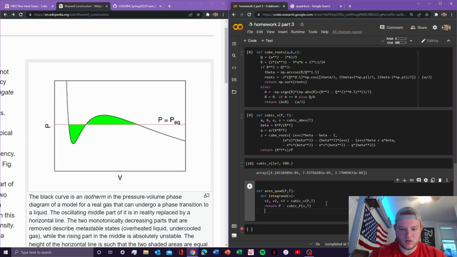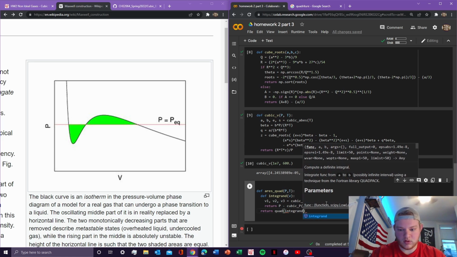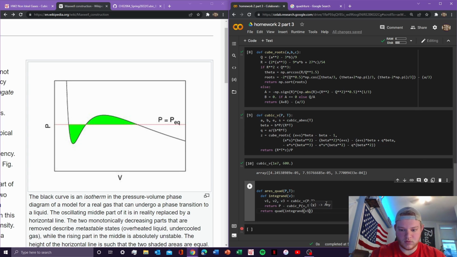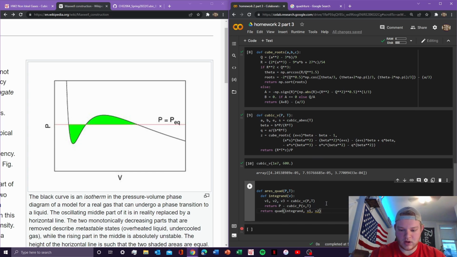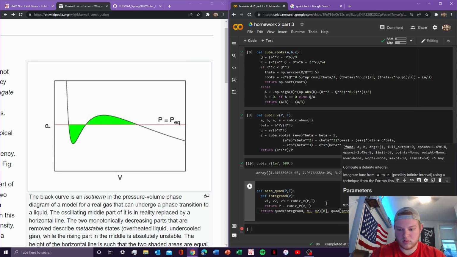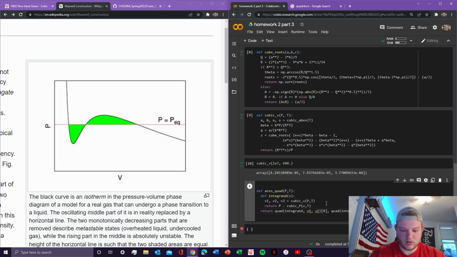On the outer one, we need to return these quad, that we have the integrand of v1, v2, and that has, we just want the first point of that array, and then the other one, quad integrand of v2, v3, and that is 0 as well. Right, correct.